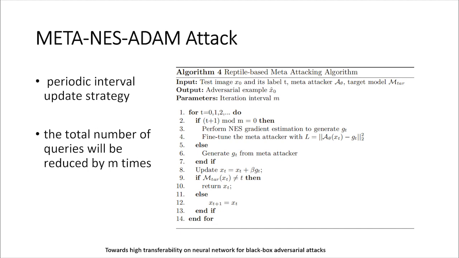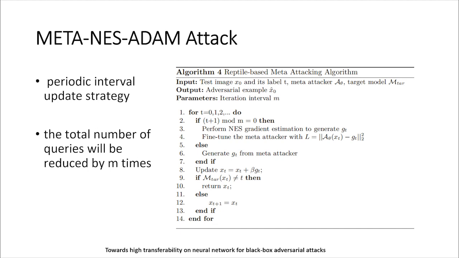Suppose the input image is perturbed to x_t in the t-th iteration. If (t+1) mod m equals 0, the finite difference estimation and NES estimation are performed, and then we fine-tune the meta attacker after getting the gradient g_t. In the remaining iterations, we directly use the fine-tuned meta attacker to output the gradient.